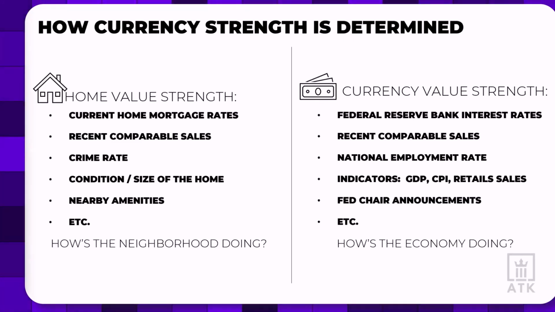Those report monthly, quarterly, and yearly, so those reports are always coming out. Then there are Fed chair announcements. I live in the United States, so whenever Fed Chair Jerome Powell speaks, it usually moves the market. It makes currency strength go up or down for the US dollar and other currencies. It's about how the economy is doing, and that determines the strength of the currency.